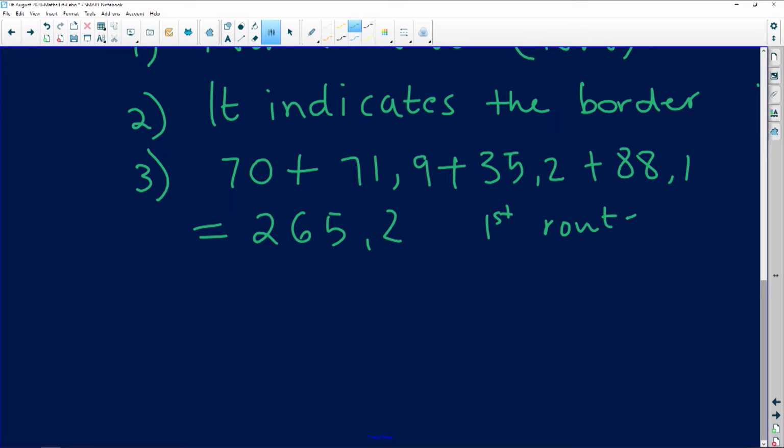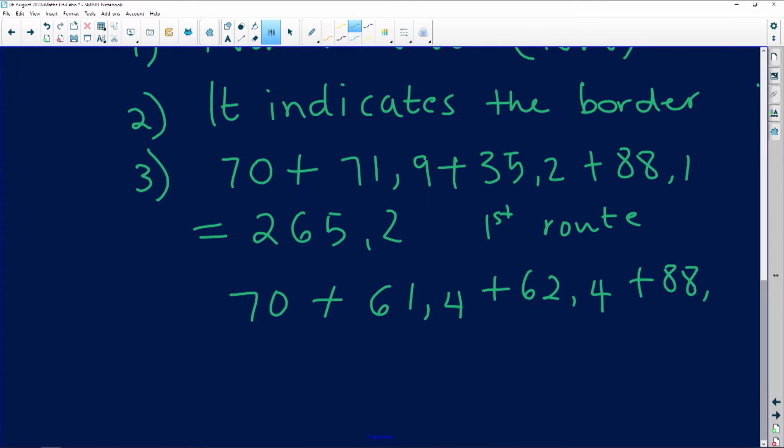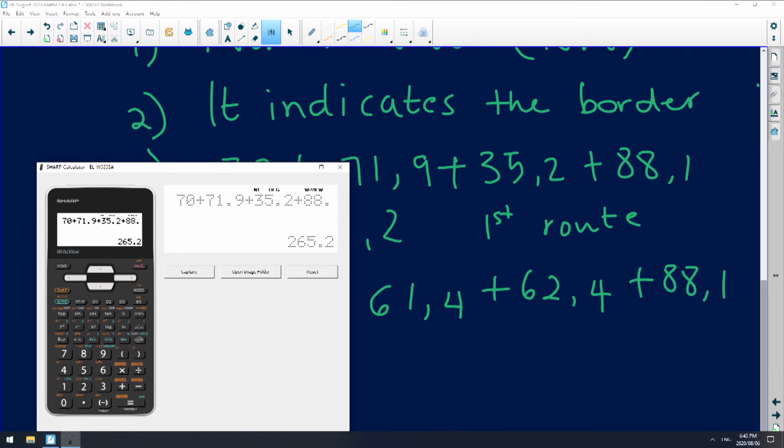So I haven't determined which one is the shortest, okay? Now let's go to the second route, and the second route would then be 70 again, plus 61.4, plus 62.4, plus 88.1, because somewhere along the way, they start meeting again.